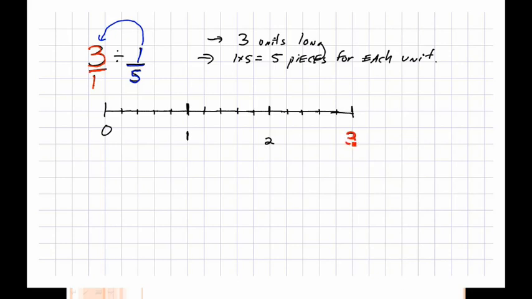And where's my divisor? My divisor, if I look at this first unit, 1/5 of this first unit is there. So now, I need to make ovals the size of my divisor. But I need to keep making those until I reach my dividend. So here's one oval. Here's another one. They all need to be the same size, the same length. That's 3 of them. That's 4.